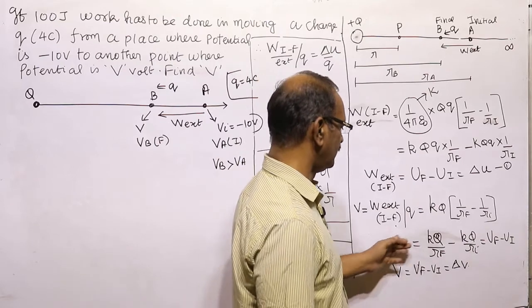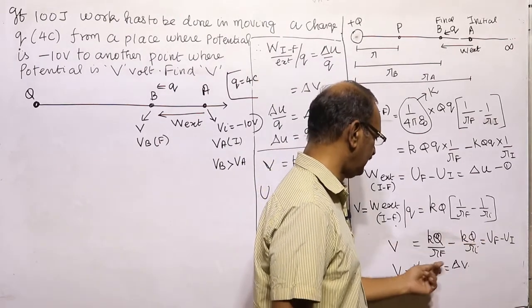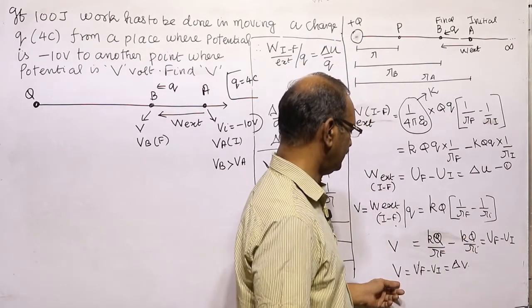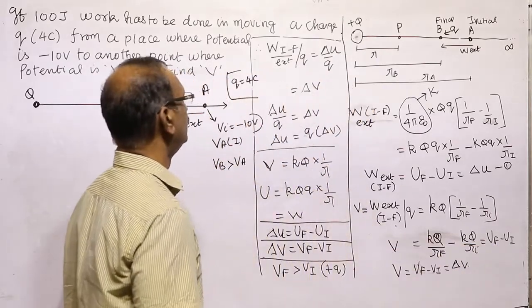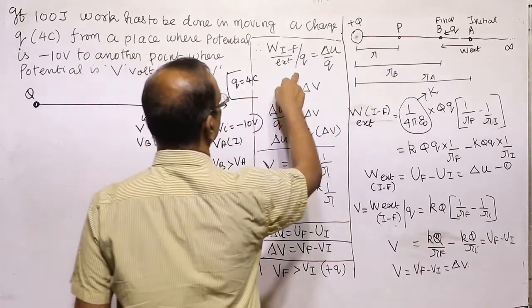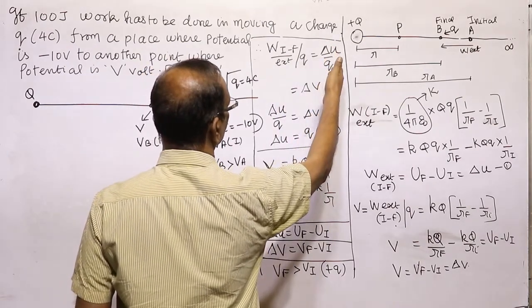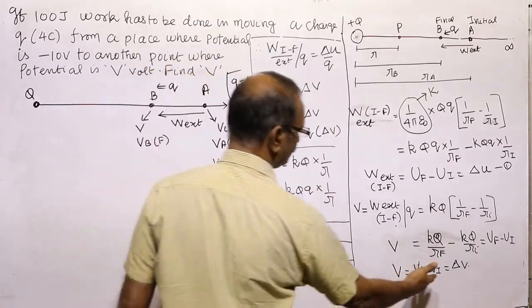So the potential is KQ by RF minus KQ by RI, which is nothing but potential final minus potential initial. We can call it the change in potential. And work done in bringing the charge is equal to delta U by delta Q, which is equal to delta V.